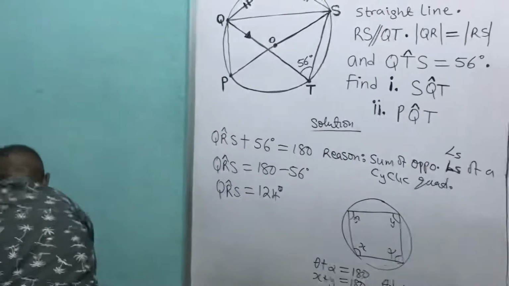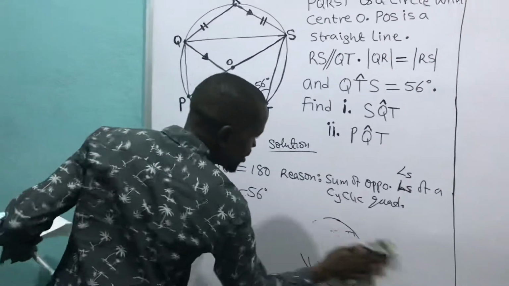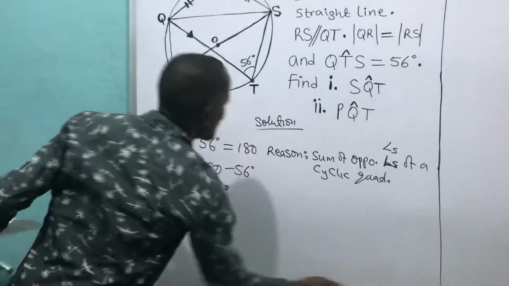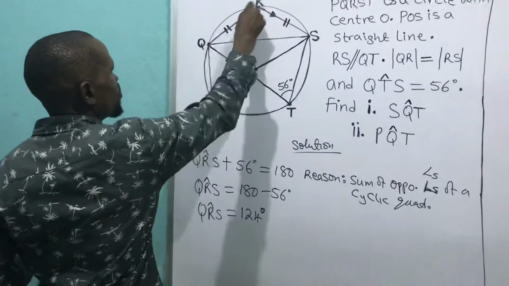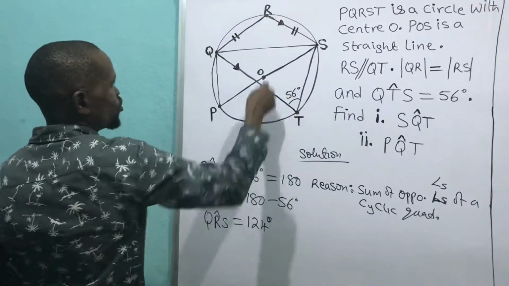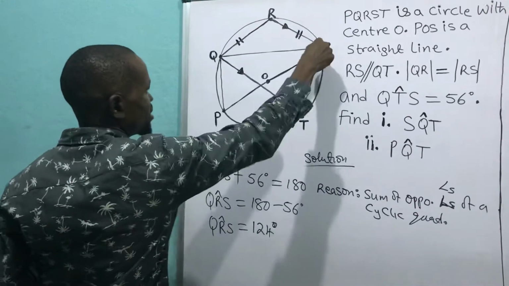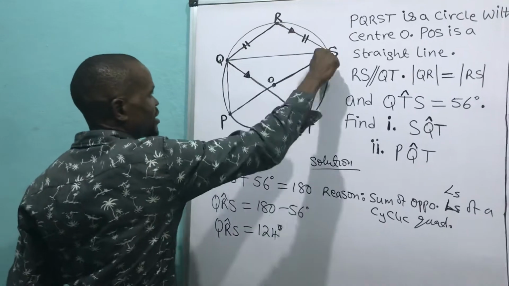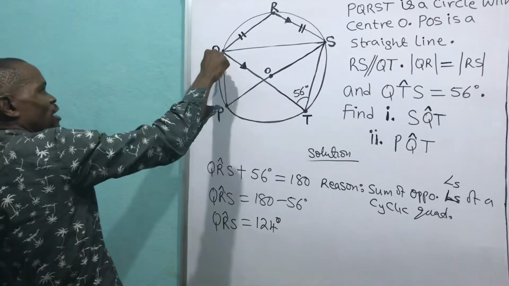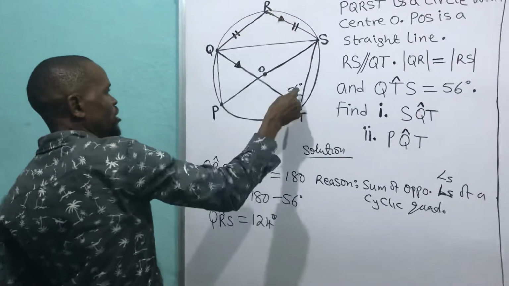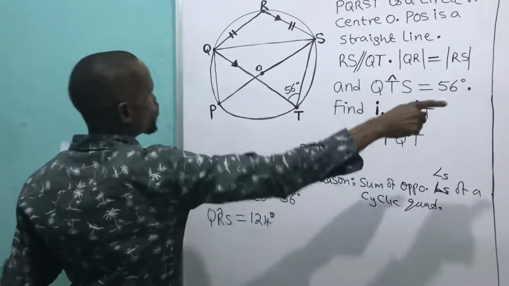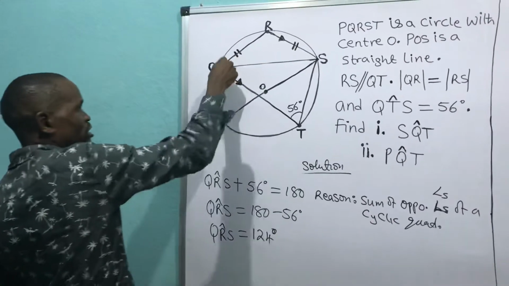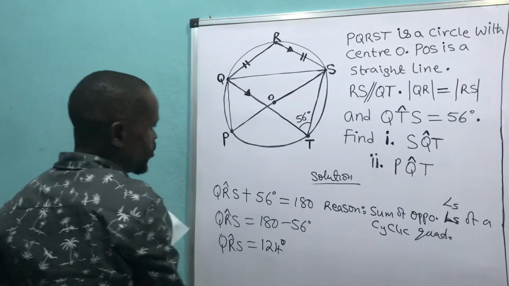That's what we did here. This is the cyclic quad, meaning that this angle plus this angle is equal to 180, and this angle plus this angle is equal to 180. We have noted that.